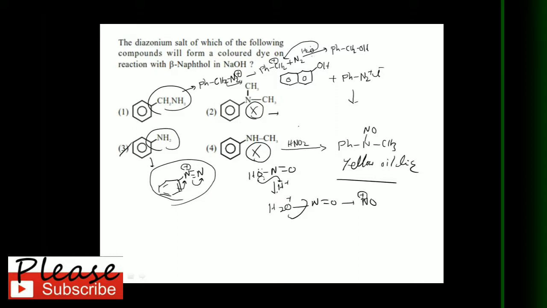Generally we are adding NaNO2 and HCl, and in excess HCl, HNO2 gives NO plus. For tertiary amines, NO plus attacks at the para position of N,N-dimethylaniline. It is nothing but aromatic electrophilic substitution. That's it.